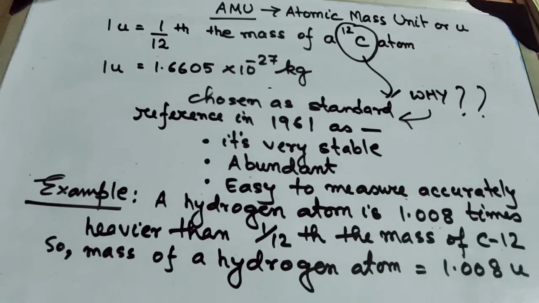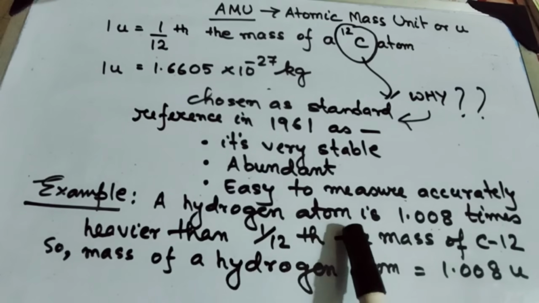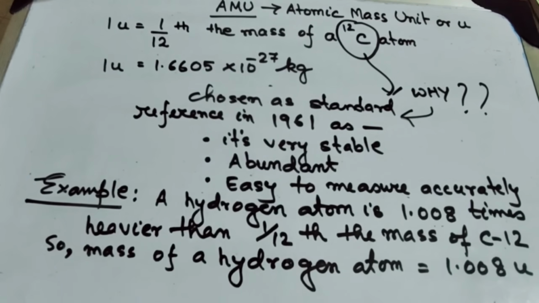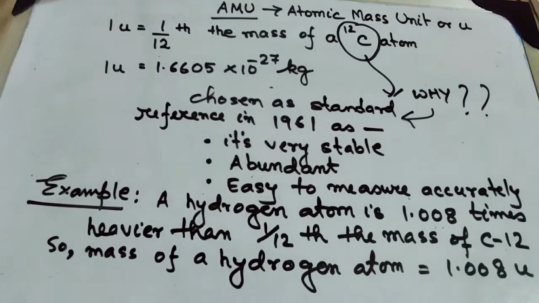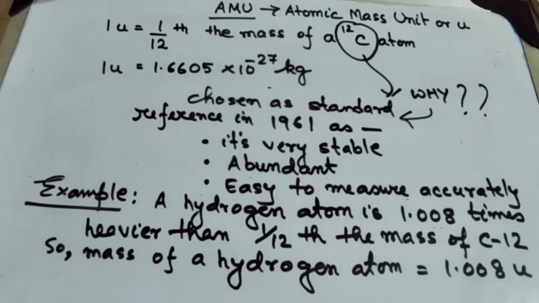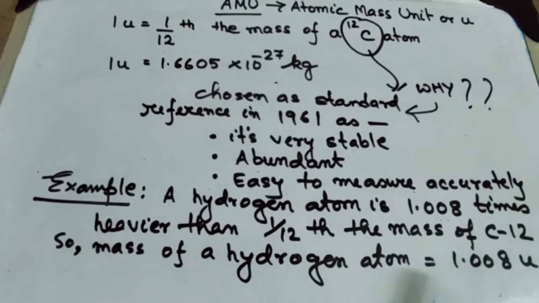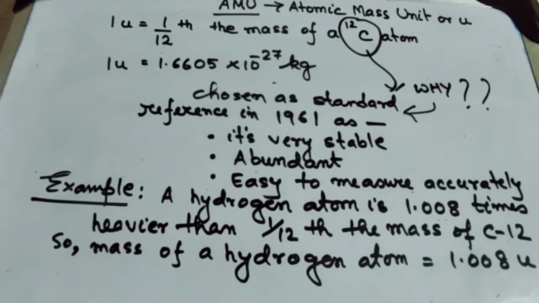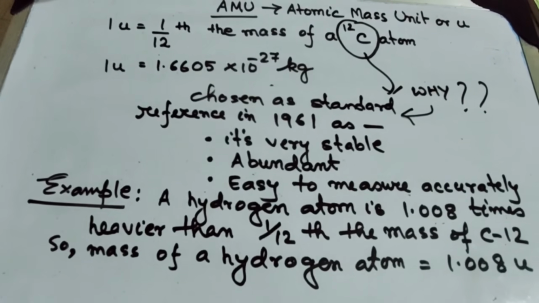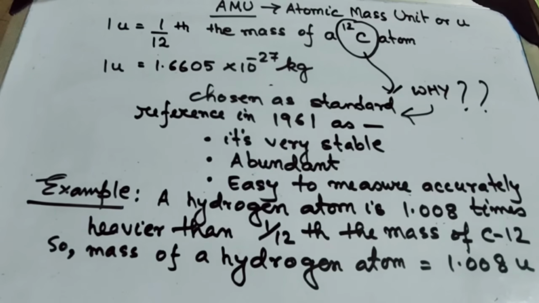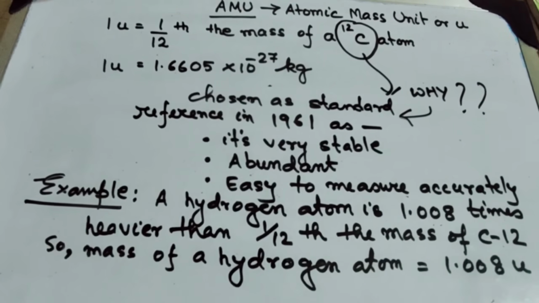Like, we often take the mass of an atom of hydrogen as 1.008 because it is actually 1.008 times heavier than the 1/12 the mass of C12 isotope. So mass of a hydrogen atom is considered to be 1.008 U.